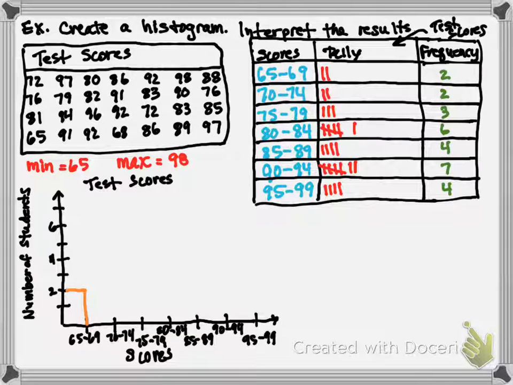And then we've got also another 2 for 70 to 74. For 75, we go up to 3. So that looks, actually, I don't like that. Let's take that off. We'll go back to the other way. The reason why I don't like it is how I wrote my numbers. If I wrote my numbers in the spaces between the tick marks, maybe, but I kind of blew it. So bear with me here.